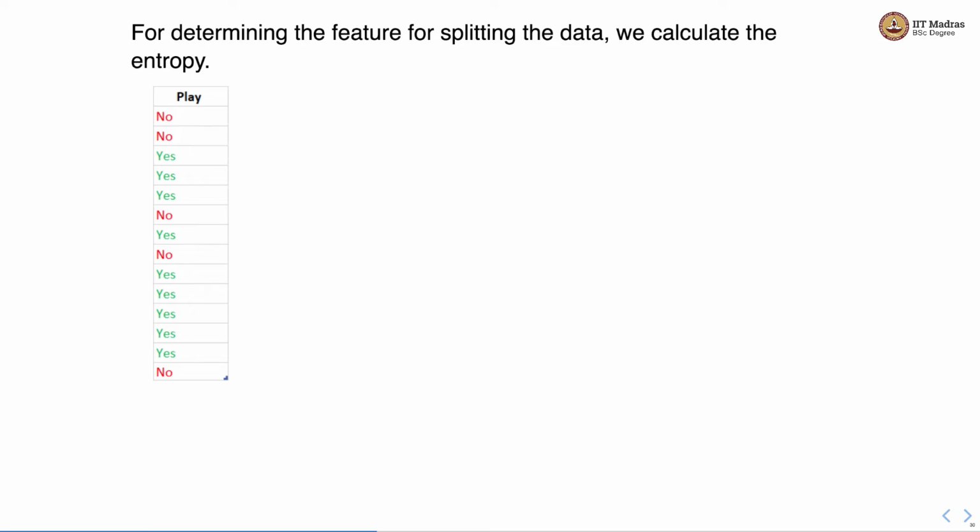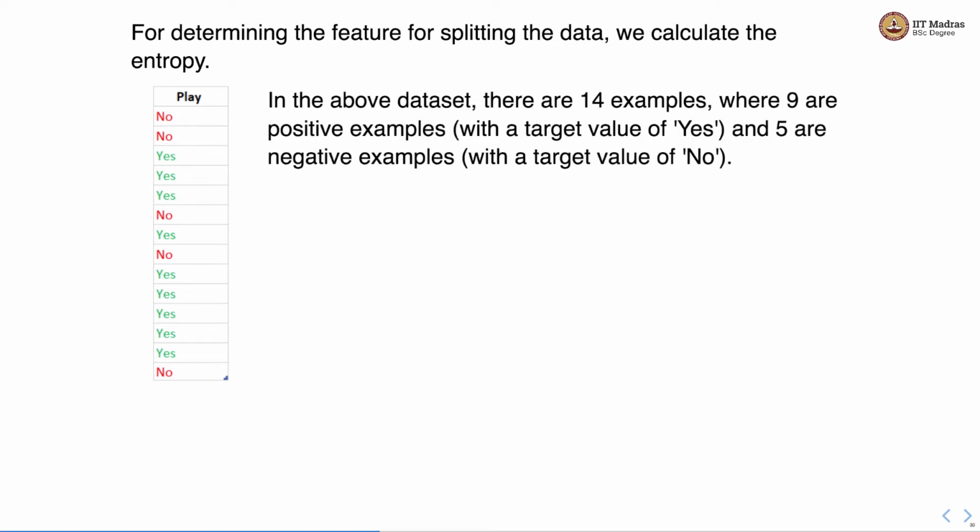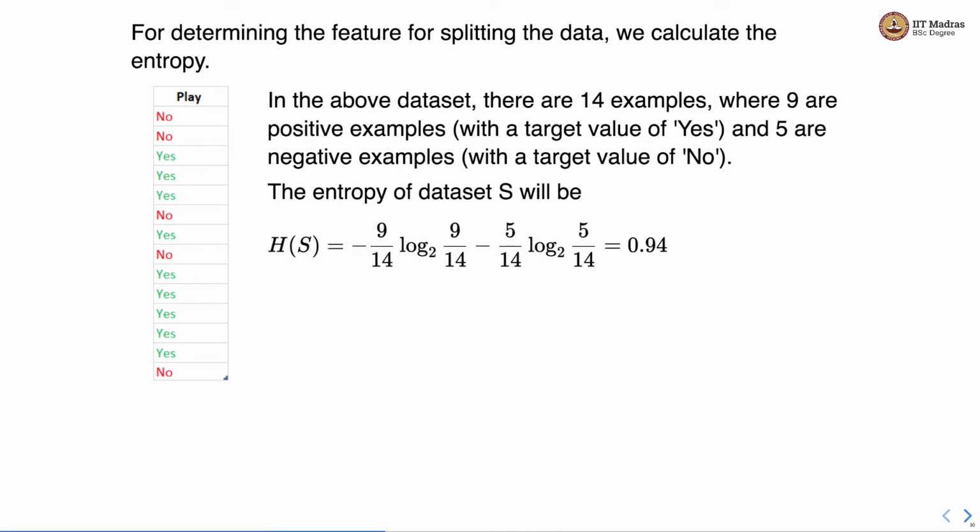Here we have play as our target attribute, which has two values, yes and no. There are 14 examples, out of which 9 are positive, that means the target value is yes, and 5 are negative examples, which have a target value of no. The entropy of the dataset S can be calculated as H(S) = -9/14 log2(9/14) - 5/14 log2(5/14).